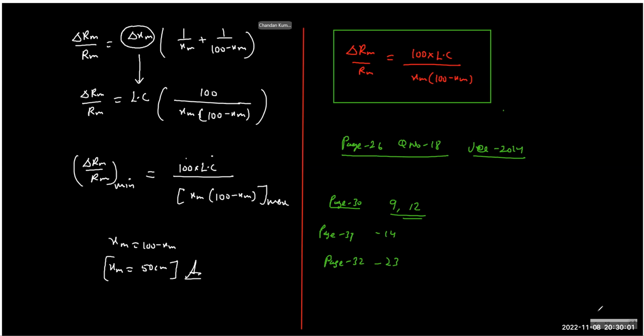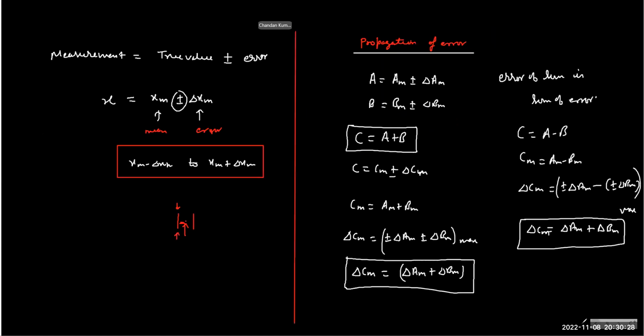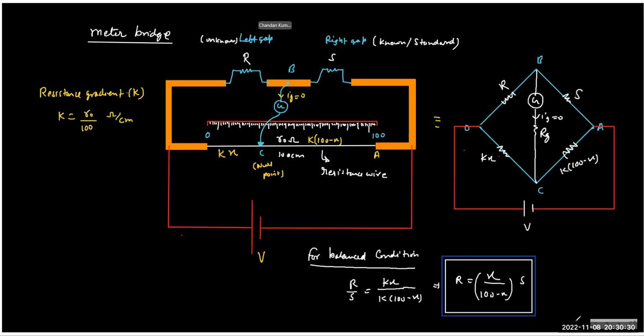The last concept in the meter bridge is called end correction. Usually in the meter bridge, we cannot put a 1 meter wire just like this. We need some connecting wires here, and we also need some connecting wire here.